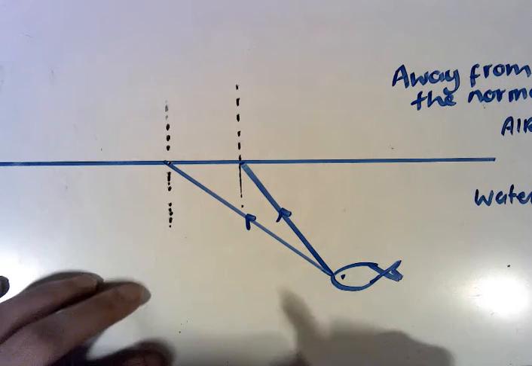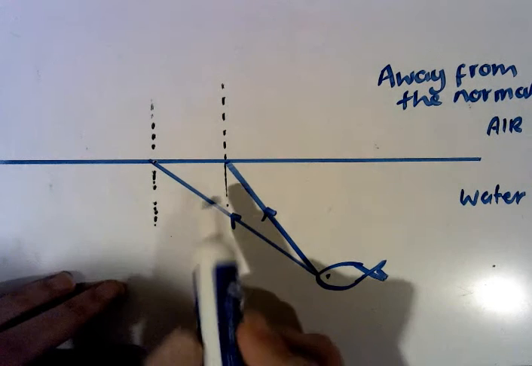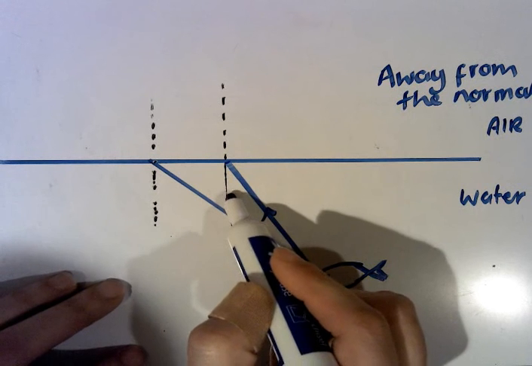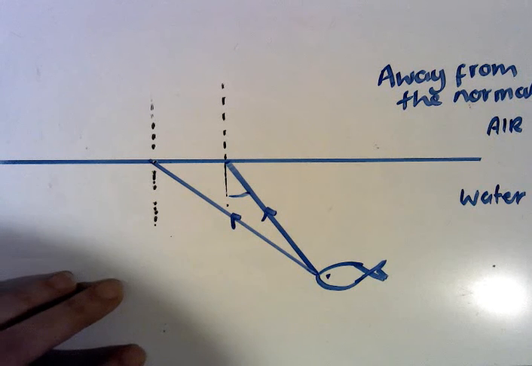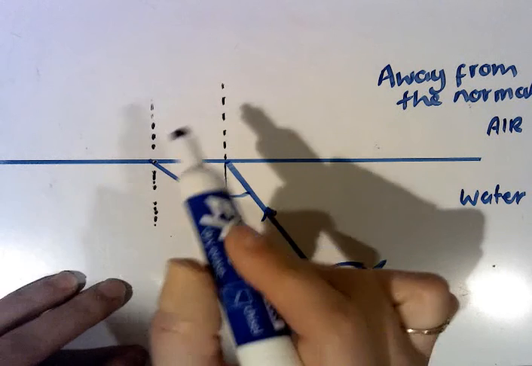So what we have to make sure is that when we draw the rays coming out, our angle of incidence is here, our angle of refraction has to show that it's moving away from the normal line.